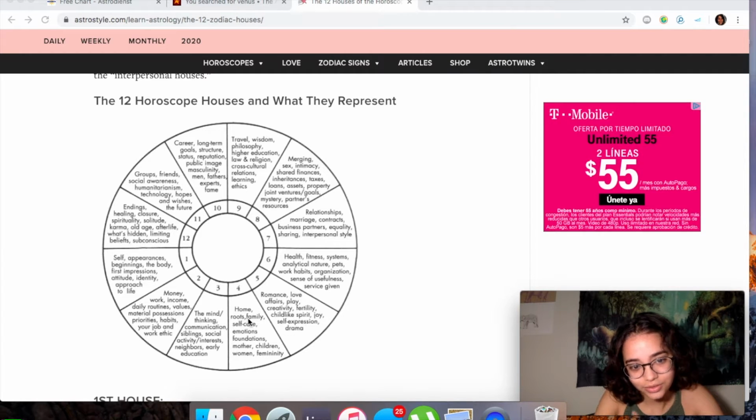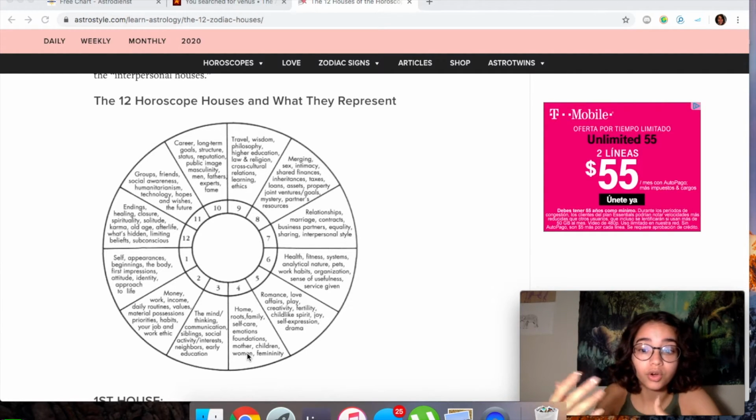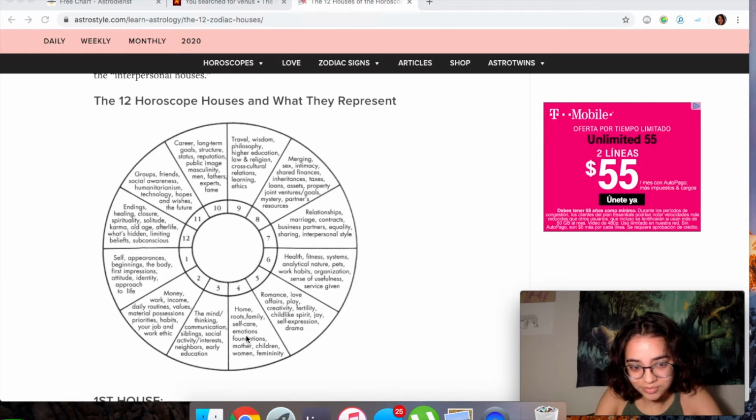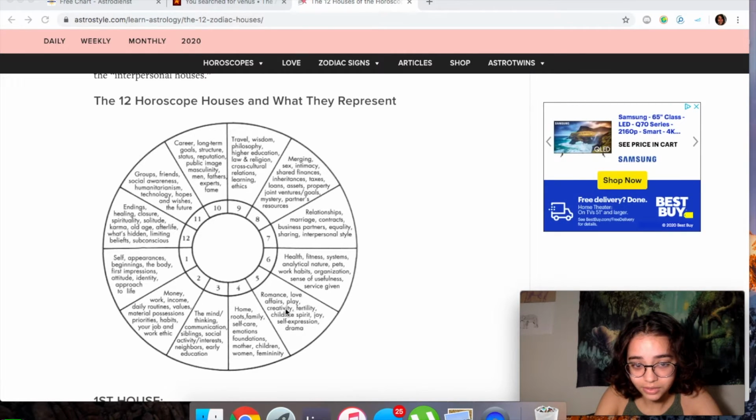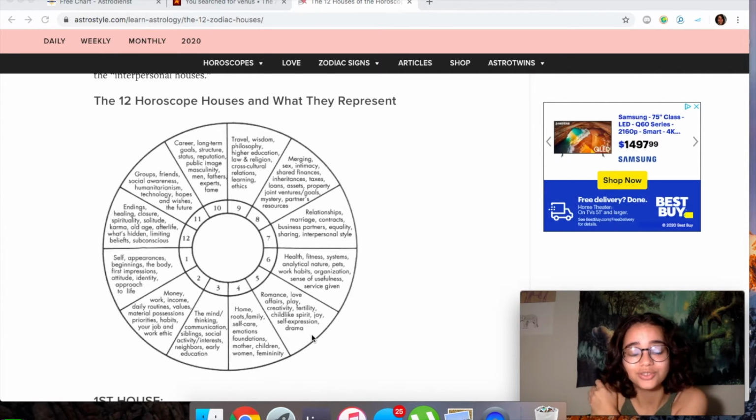Fourth house, your home, roots, family, mother, children. Cancer is a water sign, sensitivity, emotions. Fifth house, romance, love affairs, play, creativity, fertility, childlike spirit, self-expression, drama.